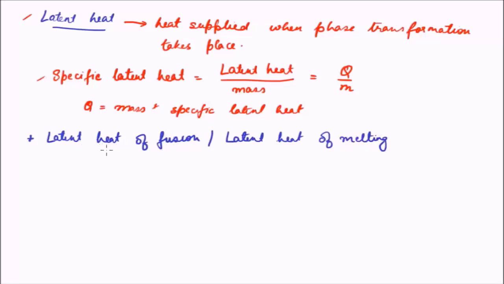Latent heat of melting means the amount of heat we need to supply to melt the material at its melting point.